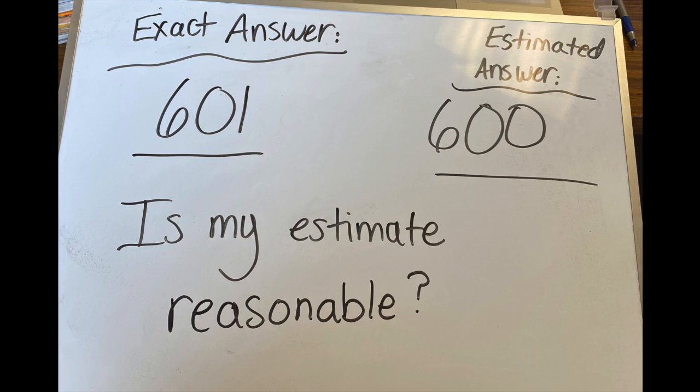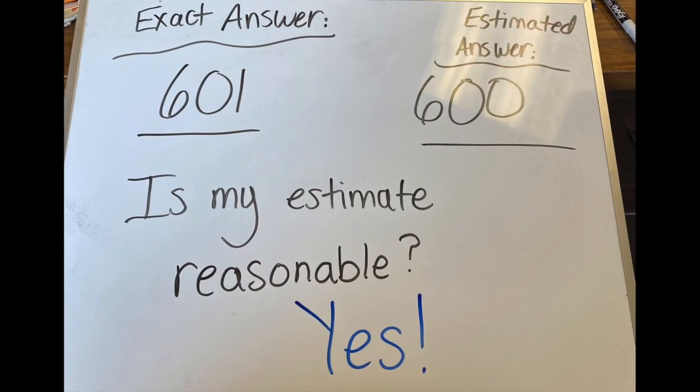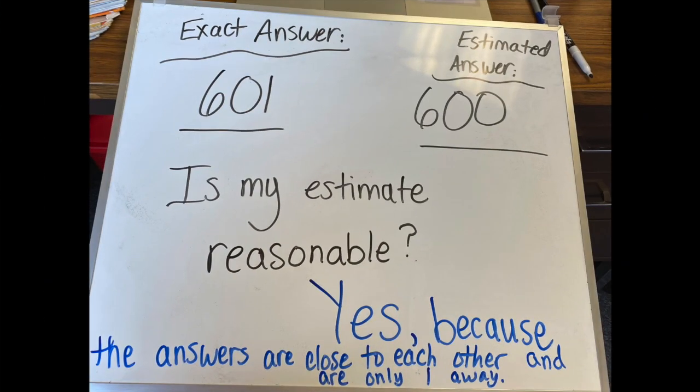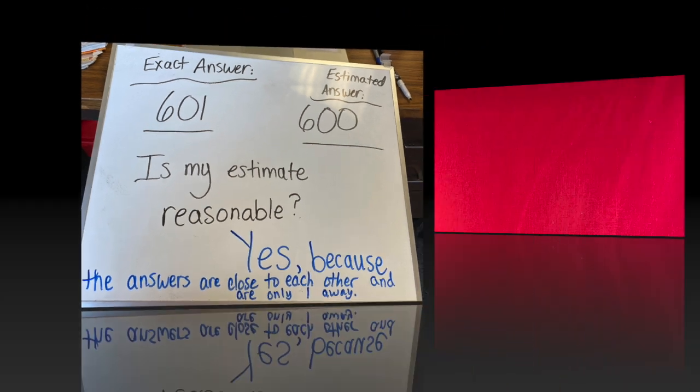So one away, I would say that's very super close. So is my estimate reasonable? Yes, it is very reasonable. And I would like to explain why: yes, it is reasonable because the answers are close to each other and are only one away.